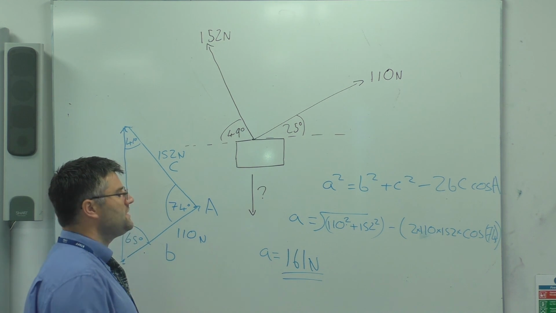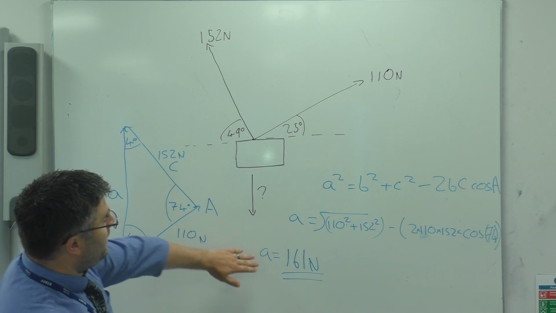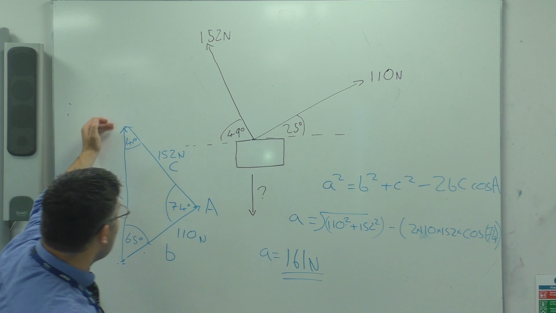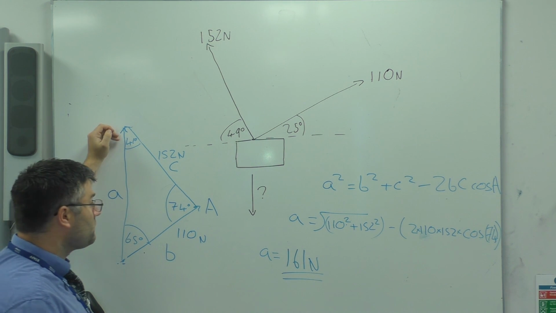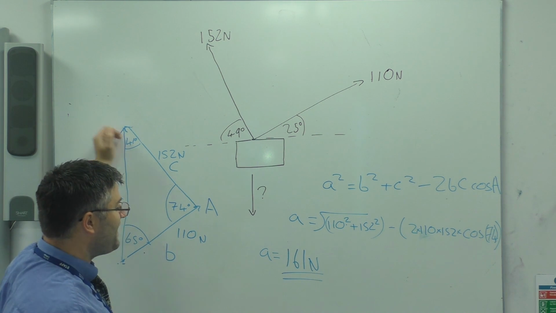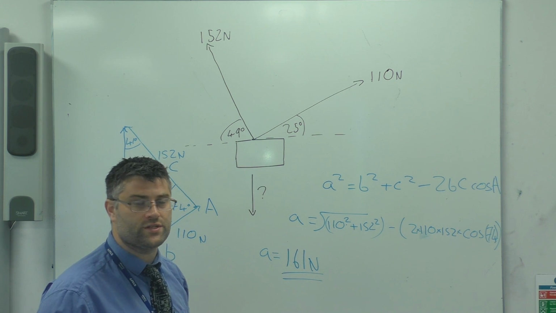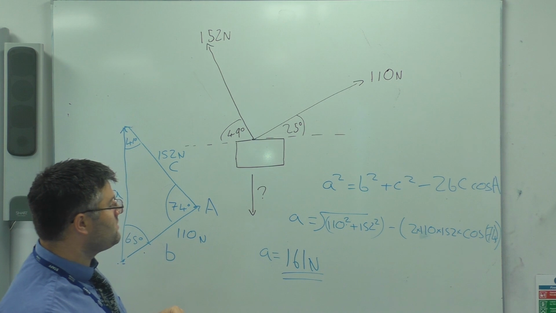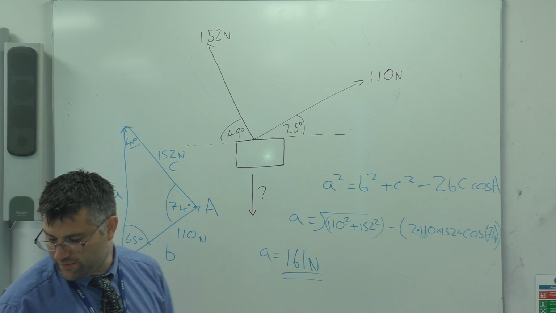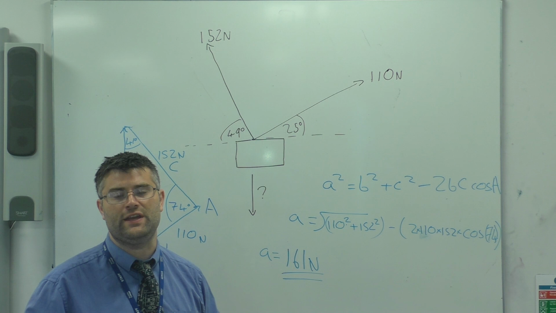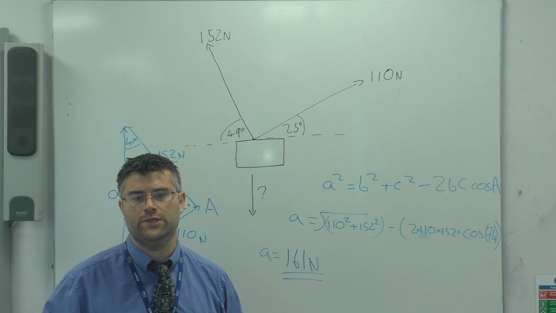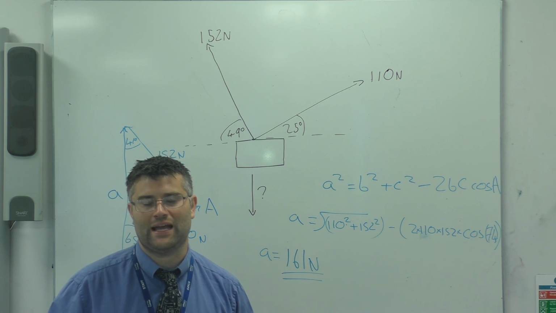So 161 newtons is the total vertical force upwards, so therefore that is also, as we've suggested, the weight downwards. That is the first method of tackling that. Now in the second video, I'm going to show you the second way of tackling this.